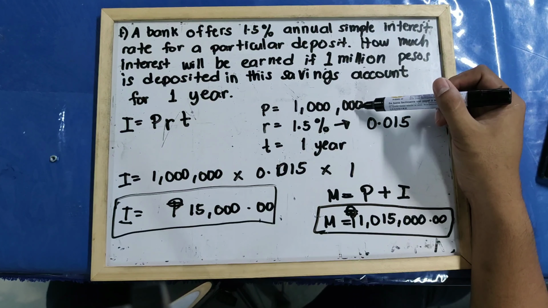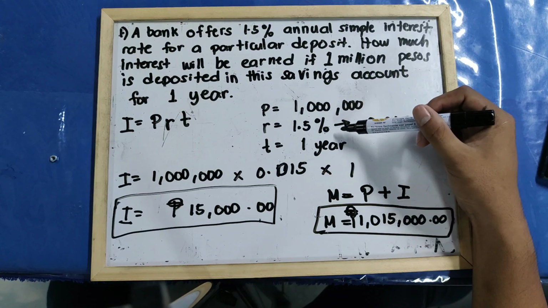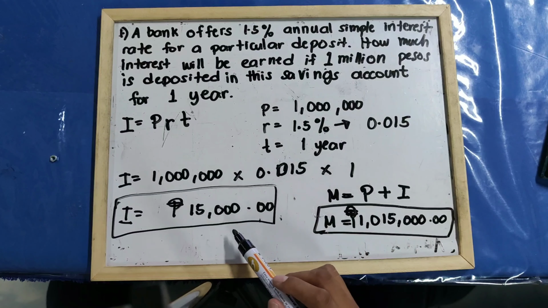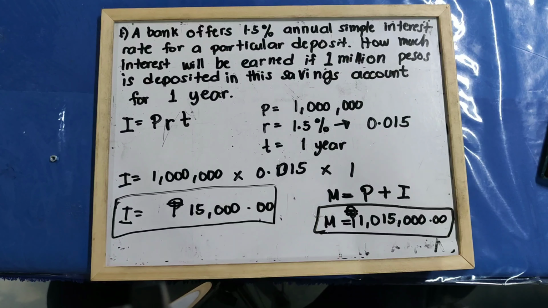After investing 1 million pesos for 1 year with an interest rate of 1.5%, the depositor is earning 15,000 pesos. So after 1 year, the total money of that depositor is 1,015,000 pesos.